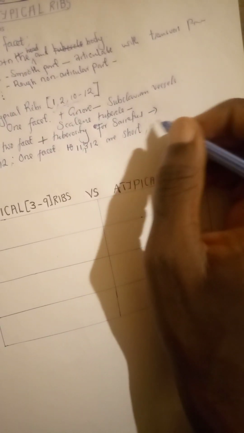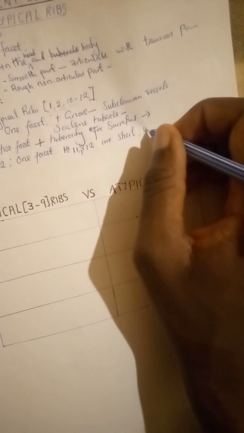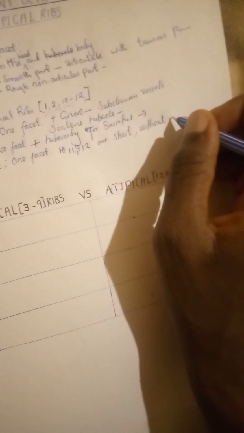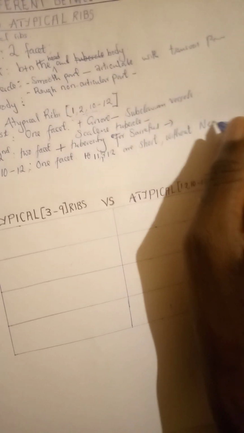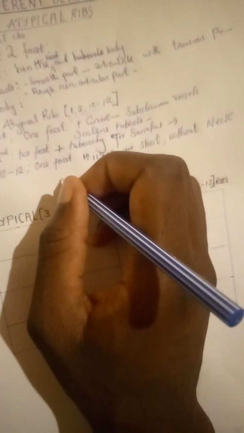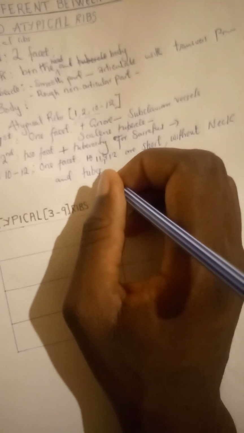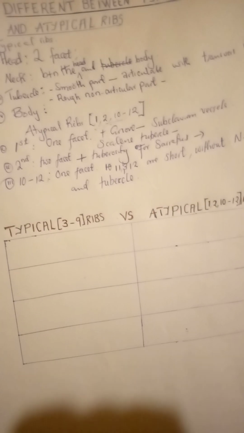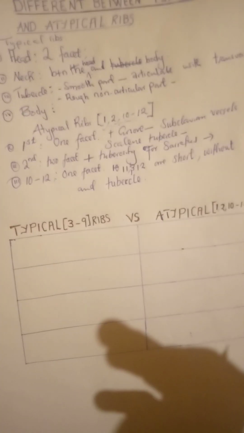They don't have the neck and the tubercle. So these don't have the neck and they don't have the tubercle.